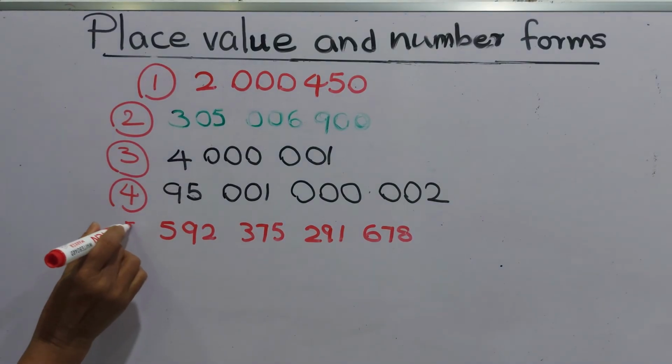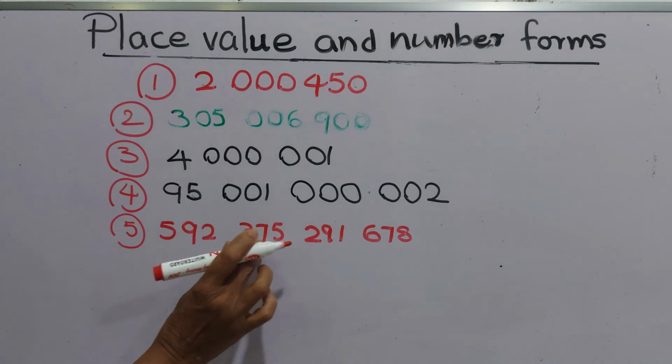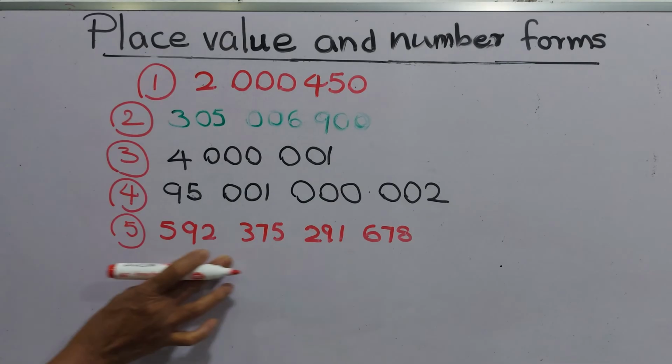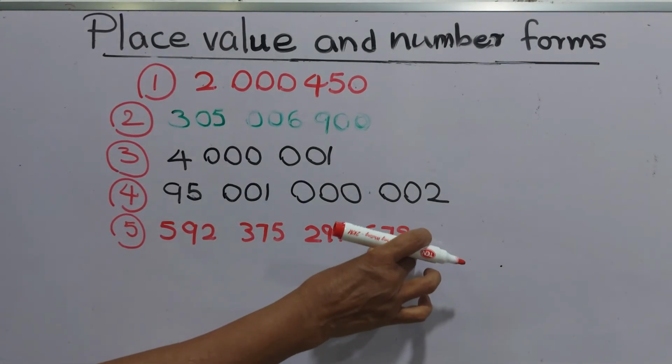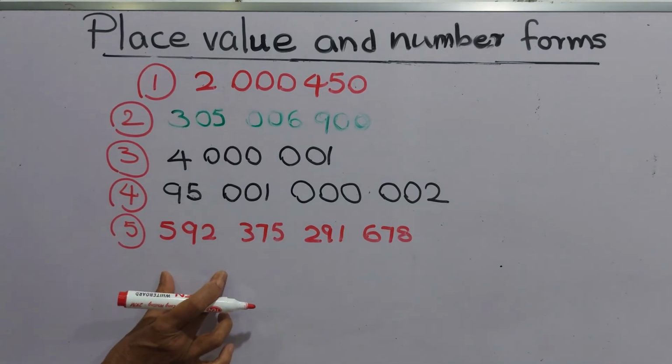We'll move to the next number. 1, 2, 3, 4, 5, 6, 7, 8, 9, 10, 11, 12. 12 digits are here. The number is written in standard form. Then we can read. This is the first zone, unit zone, thousand zone, million zone, billions zone.